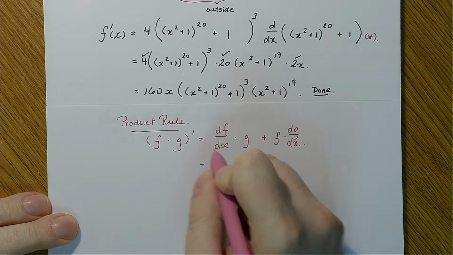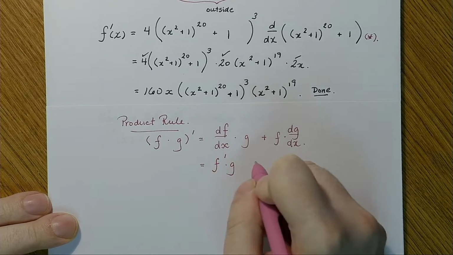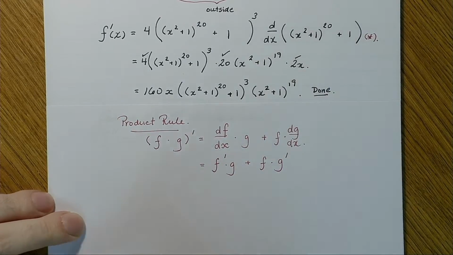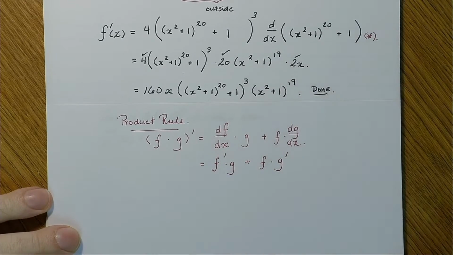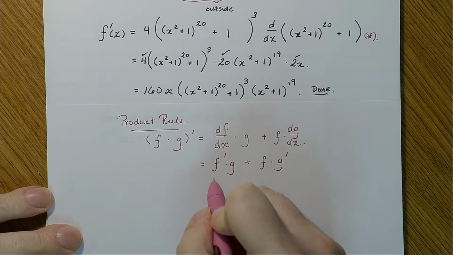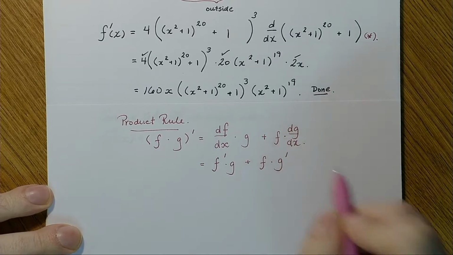Or I should maybe write it with prime notation. So I have f prime g plus f times g prime. Notice the pattern. The primes are being applied. On the first term, it's the derivative of the first function. On the second term, it's the derivative of the second function.